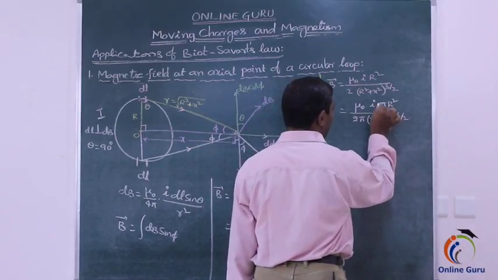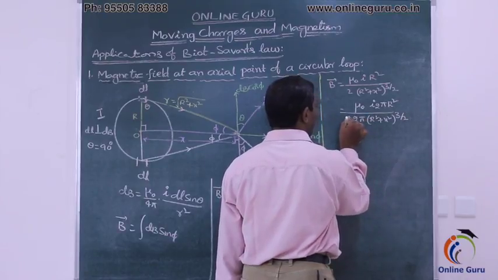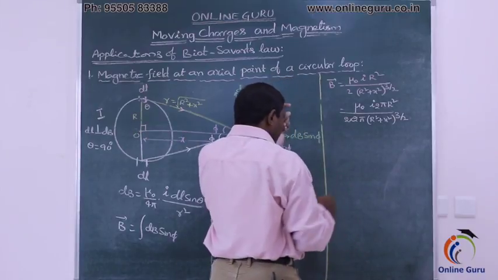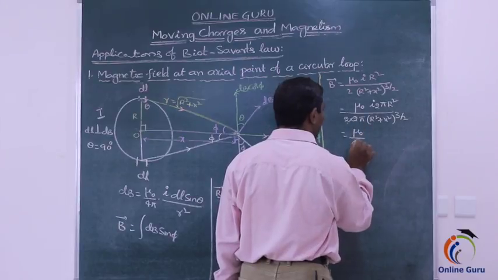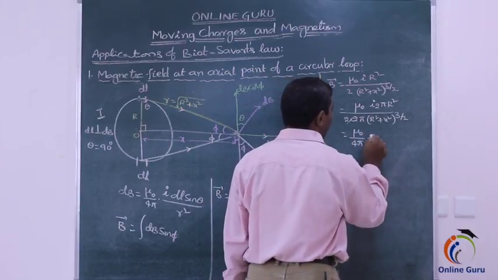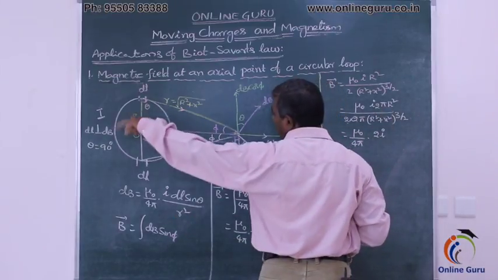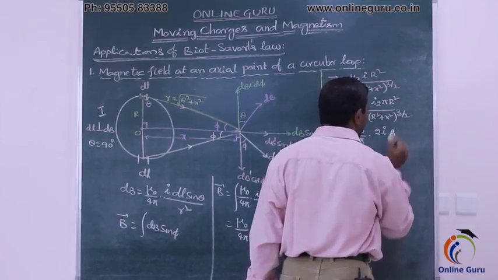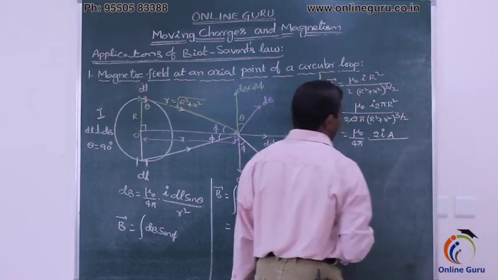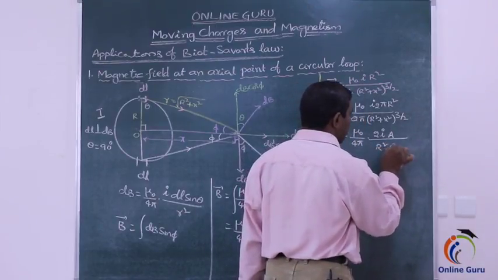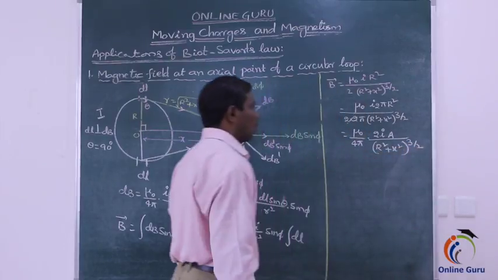Again here I can multiply and divide by 2. It can be written as mu naught by 4 pi into 2I, and pi R square is the area of the circular loop, written as A, divided by R square plus X square whole to the power of 3 by 2.